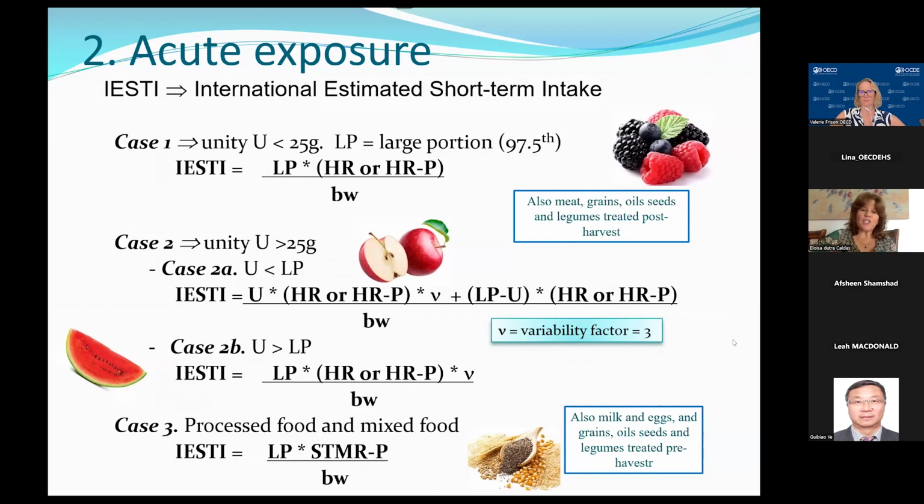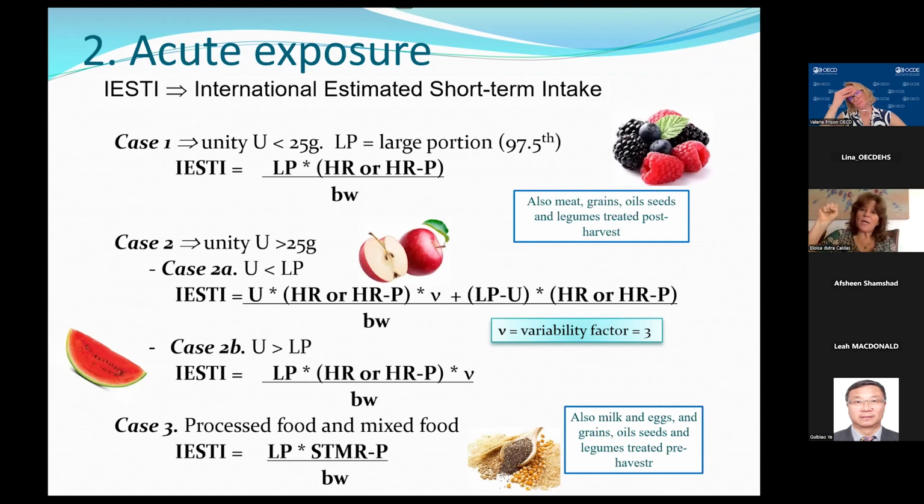And you have case two, where the unit weight, let's see, the weight of an apple, is higher than 25 grams. And then you assume that the first apple that you eat that day will have the unit weight and the highest residue times the variability factor. We call it the first apple that you eat.